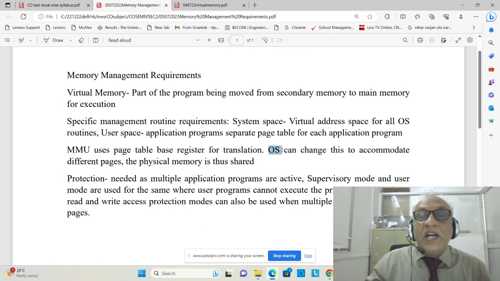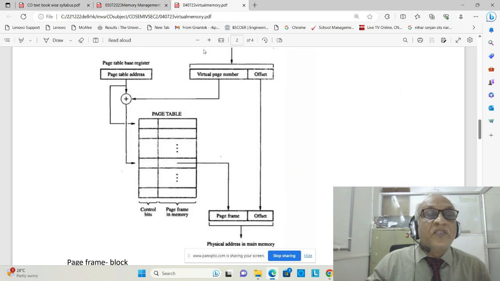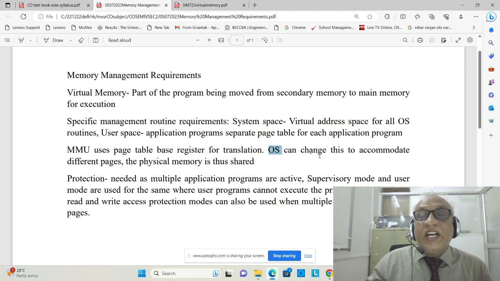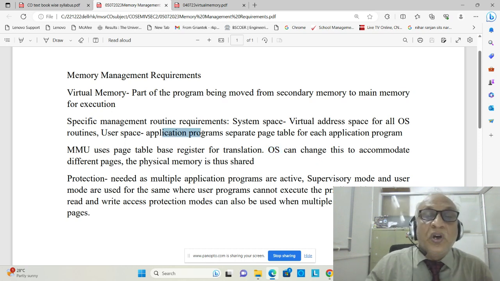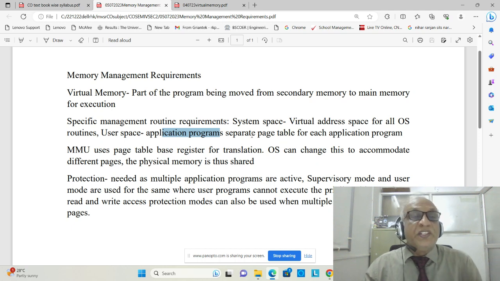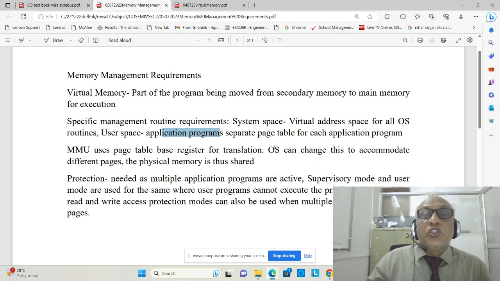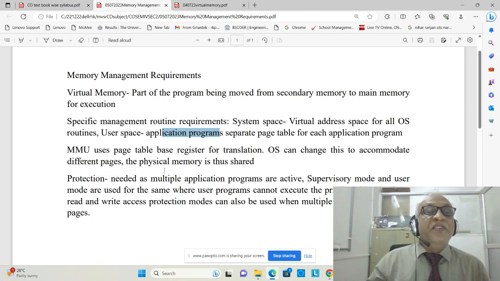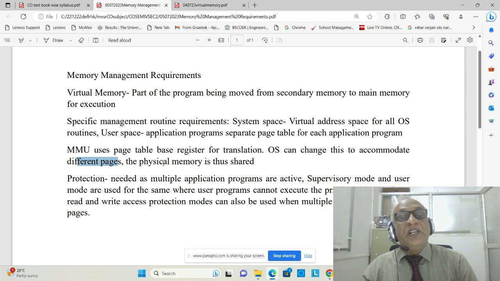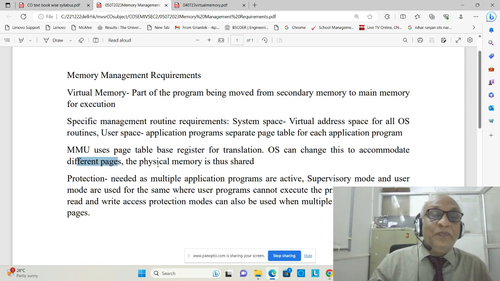Now, what the operating system can do is change the content of this page table base register. As there are multiple application programs running, and for each program there may be a separate space, separate page table, the OS can make changes in the page table base register to accommodate different pages, thus allowing multiple application programs to be run at the same time.